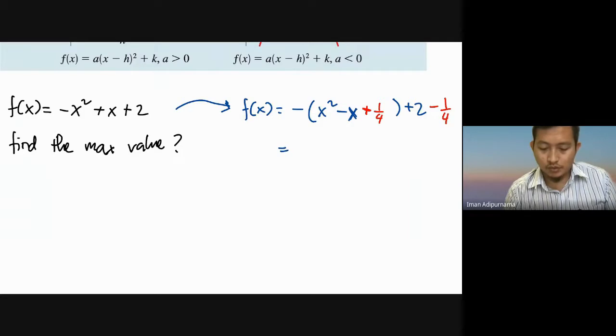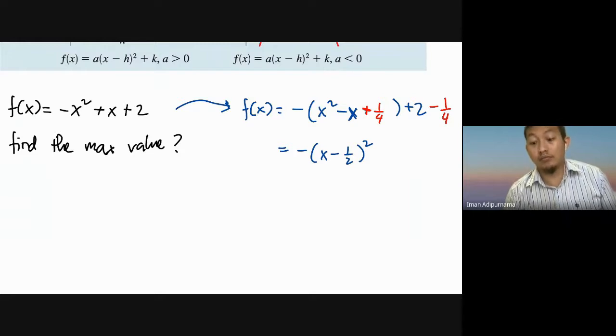And this will be minus (x minus half) squared. Oh, this should be plus, sorry, because minus and minus. So minus and then plus, right? And this will be plus 9 over 4.